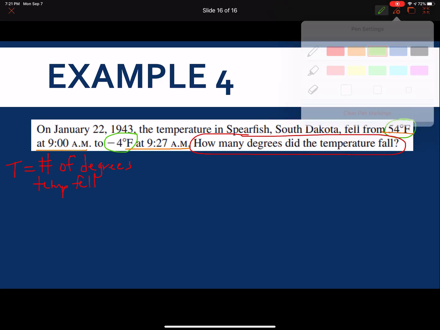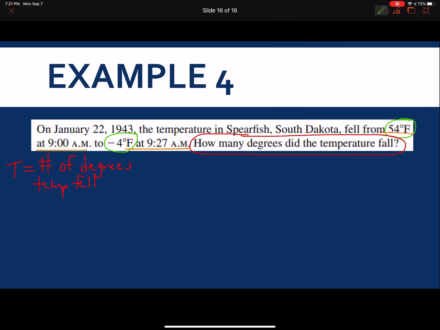So that's what we're going for here. Now, I do know the temp at 9:27, the temp at 9 a.m. What I do not know is the number of degrees fell. So we ended up at 9:27, which is later than 9 a.m. So this is where we ended up.